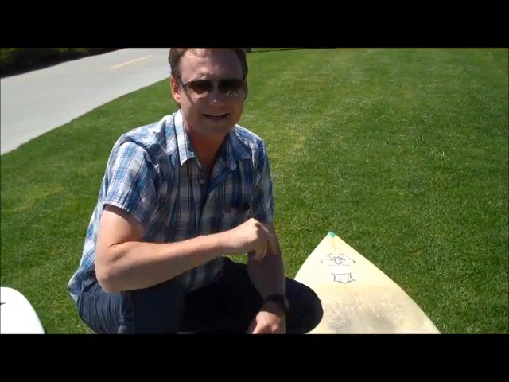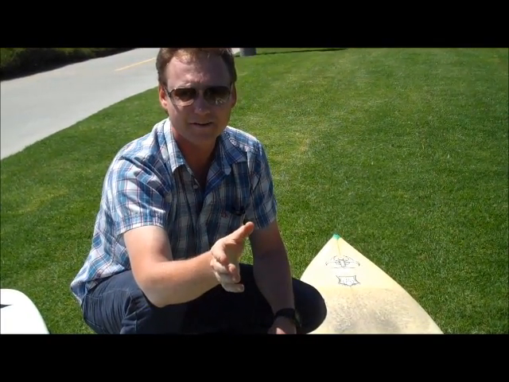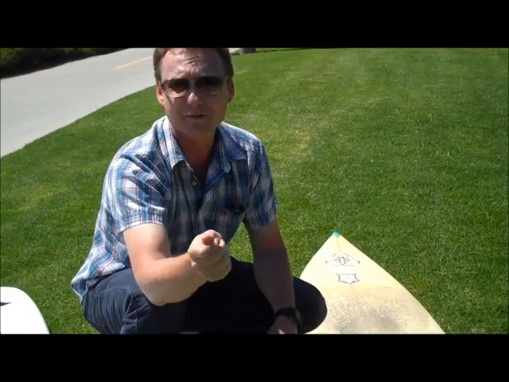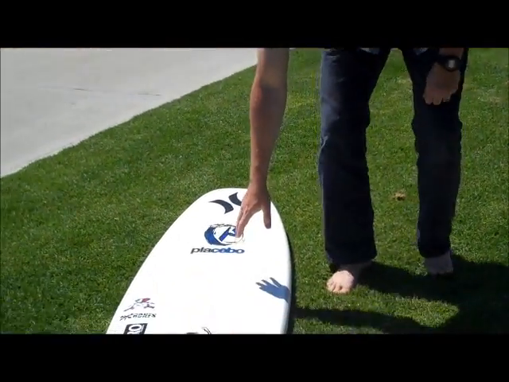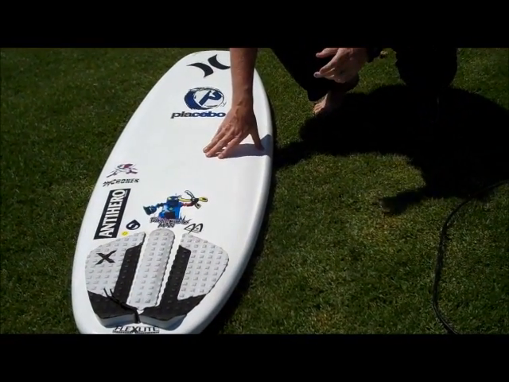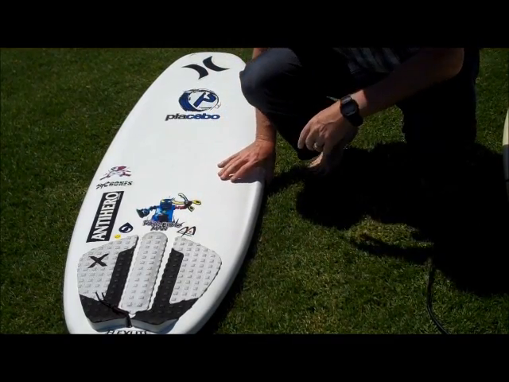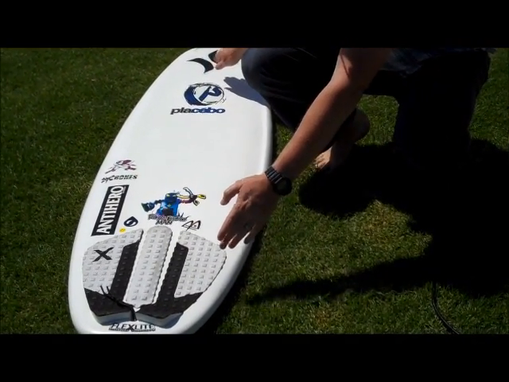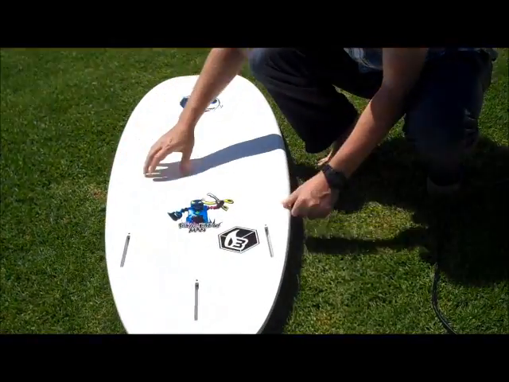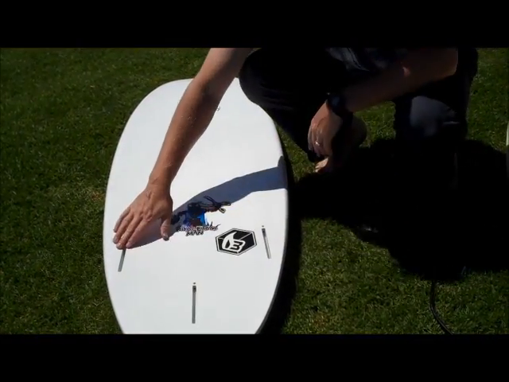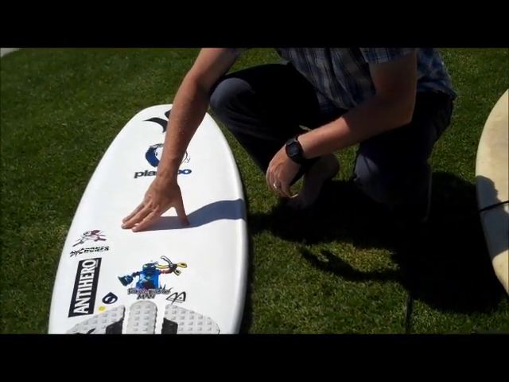But it's not always that easy, because sometimes we don't understand the technology that we're talking about, especially when you're talking about computers. Now, if you look over here to this board, it's similar to the board that we just looked at, but it has some important differences. First of all, it's extremely short, and it's got this rounded nose. In addition, the fins, you can take them out. Now, this board is used only in certain conditions for surfing.